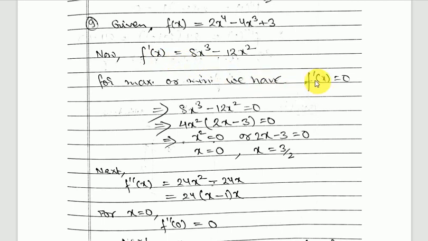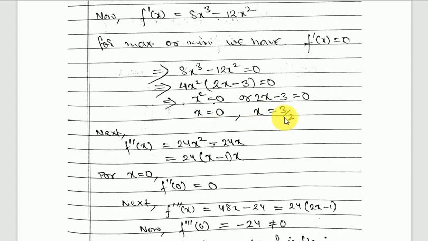So 8x cube minus 12x square equal to 0. Now you simplify this, so you will get x square equal to 0 and 2x minus 3 equal to 0. So x square 0 means x equal to 0, and 2x minus 3 equal to 0 means x equal to 3 by 2. So you got two values over here.